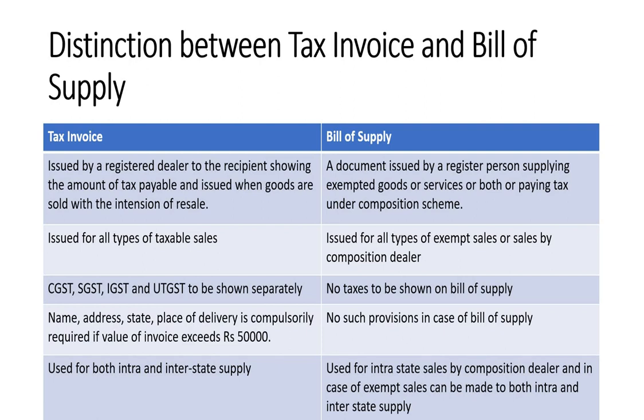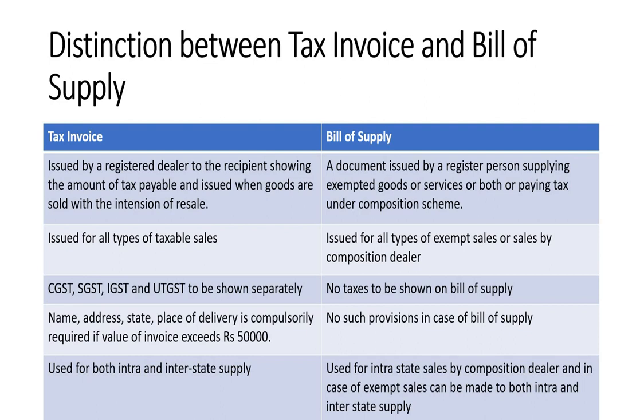I mean to say, when the goods are further used for resale, in such a case the tax invoice is used. Whereas the bill of supply is a document issued by a registered person supplying exempted goods or services, or both, or paying the tax under the composition scheme. That means the registered persons who are covered under section 10 of the CGST Act of 2017 are supposed to issue the bill of supply.